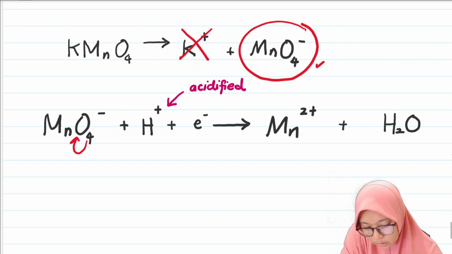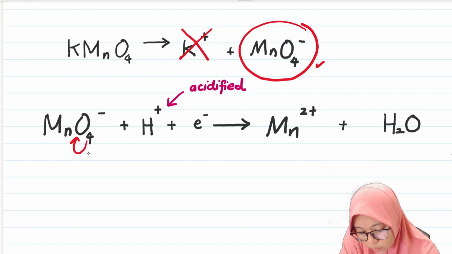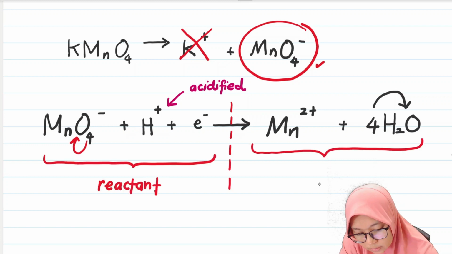When we have 4 oxygen atoms, we have to form 4 water molecules, so I put 4 in front of the water molecule, so that the oxygen is the same on the reactant and product side. So now let's separate this: this is the reactant part, and this one is the product.